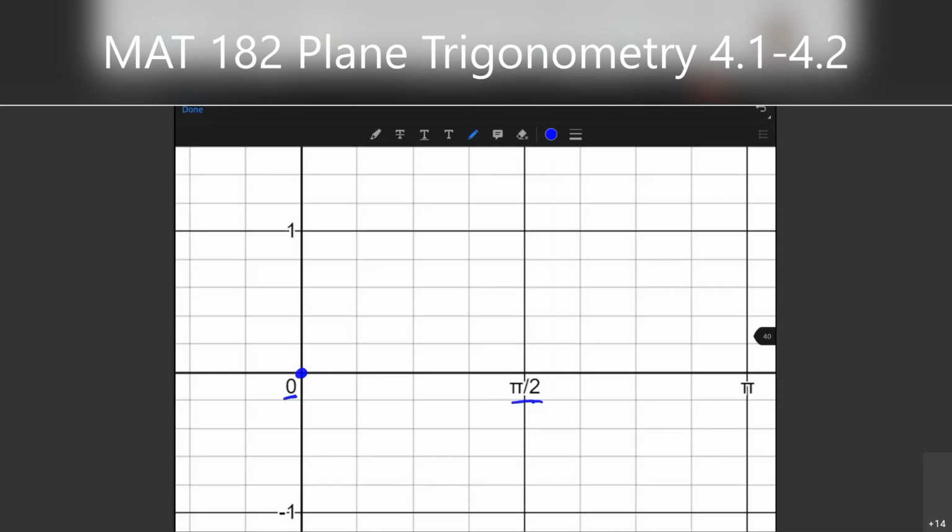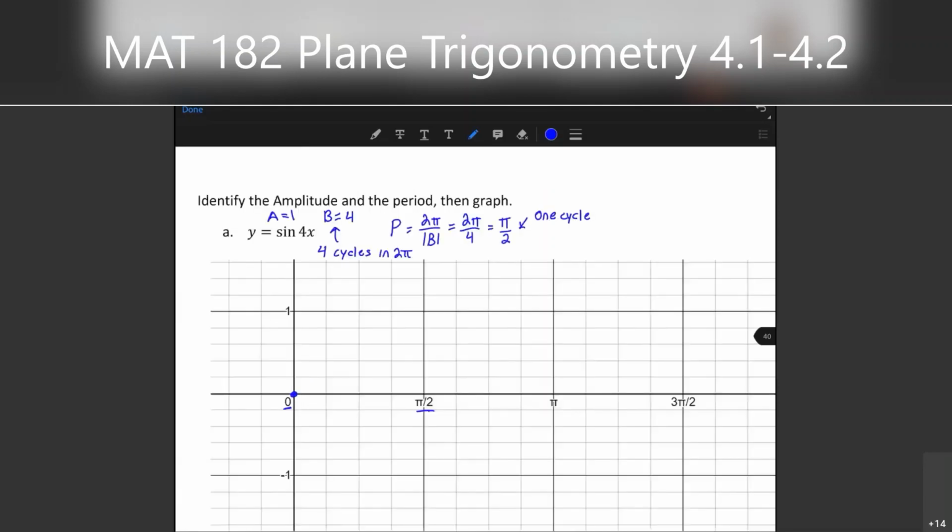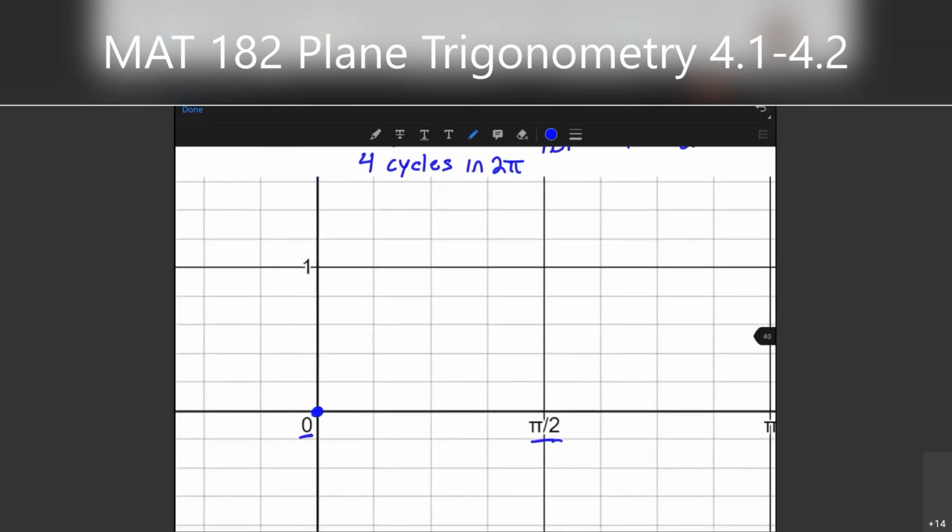This happens to be at 0 for this function because we don't have an amplitude or a shift in our function. And since it's a positive sine function, we'll just increase to our amplitude and then come on back.